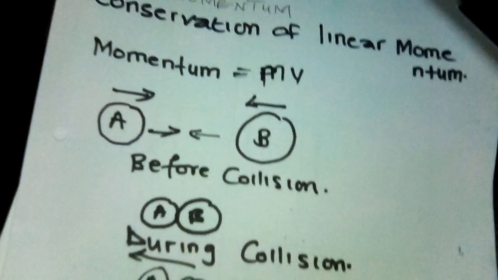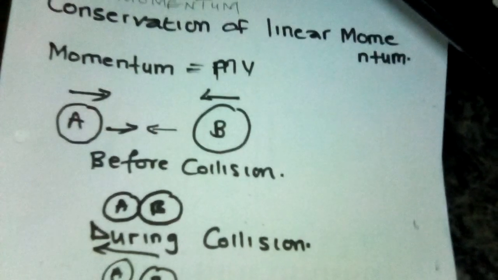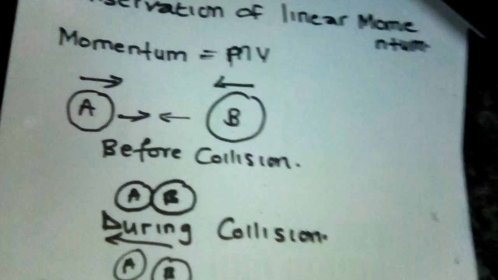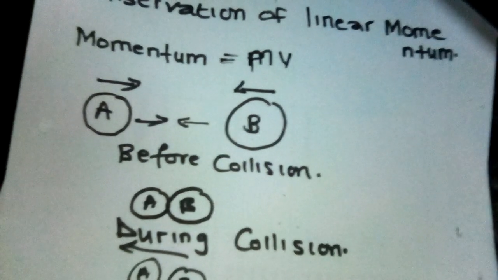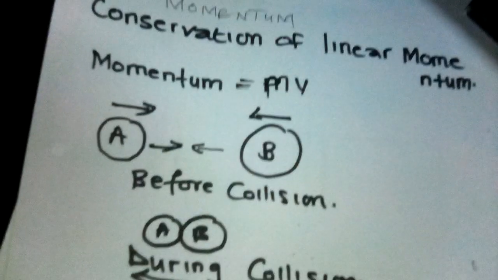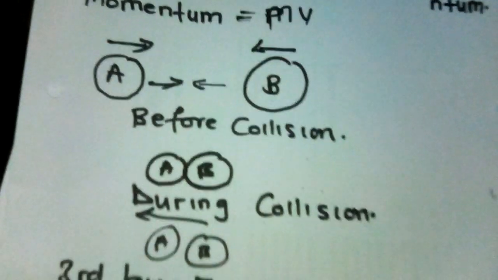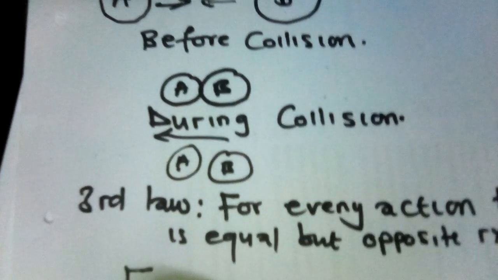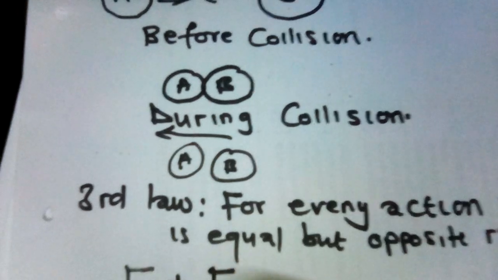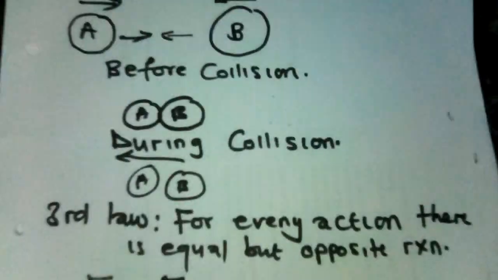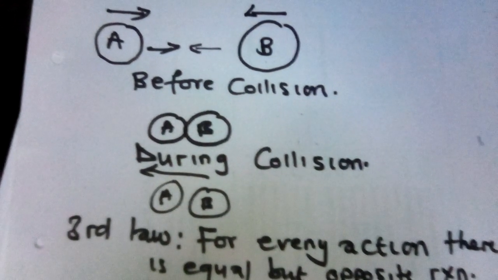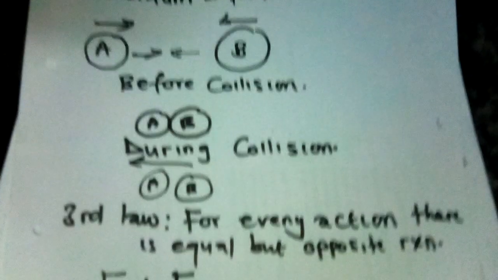Now with that principle in mind, we also combine the principle of conservation of linear momentum. It states that the total momentum of an isolated system remains constant if no external forces act upon it, implying that force A plus force B will remain constant if no external forces act upon them.